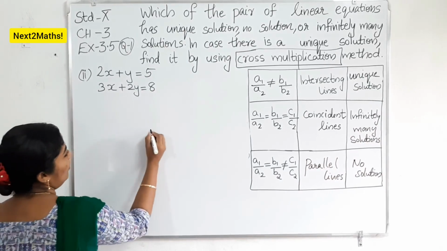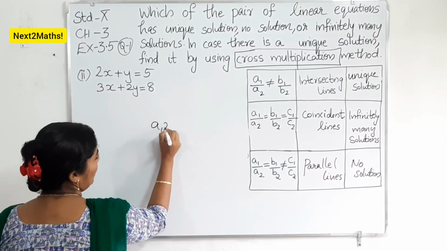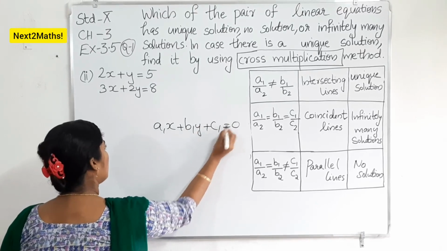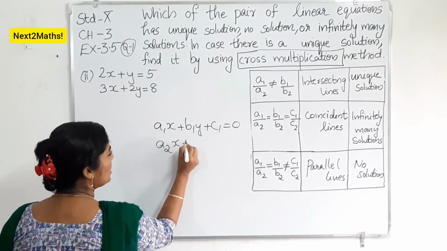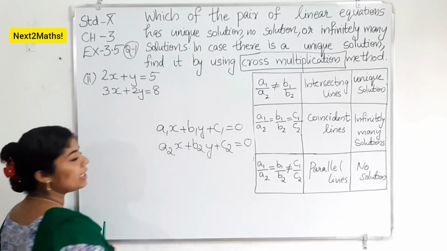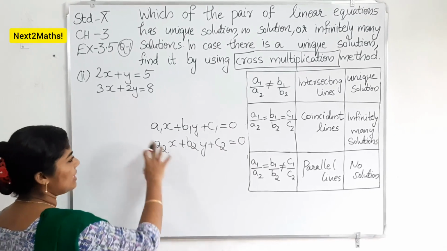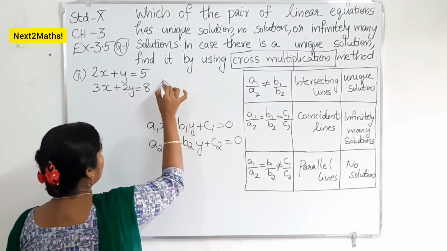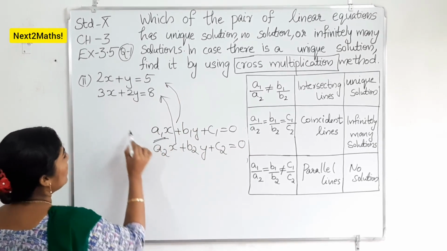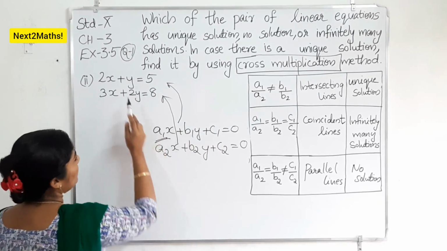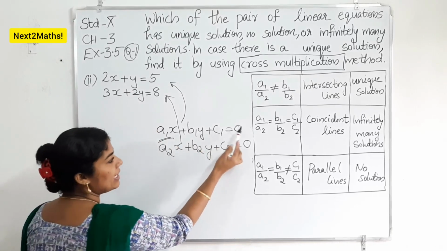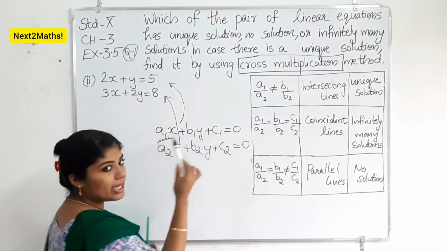So here, what is your general form? A1x plus b1y plus c1 equal to 0, a2x plus b2y plus c2 equal to 0. This is your general form. So based on the general form, you can compare both equations. See, what is A1? A1 is 2. What is B1? B1 is 1. And for C1, on the RHS side there should be 0.